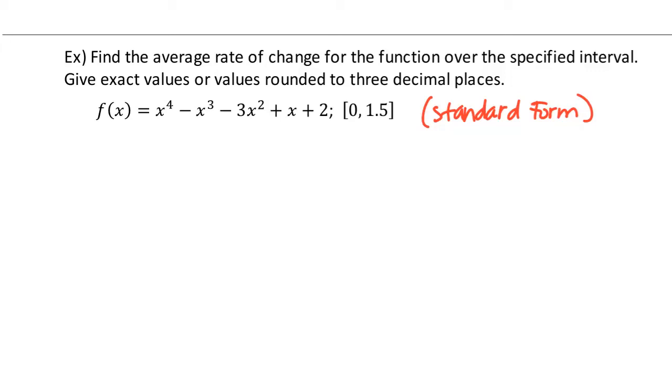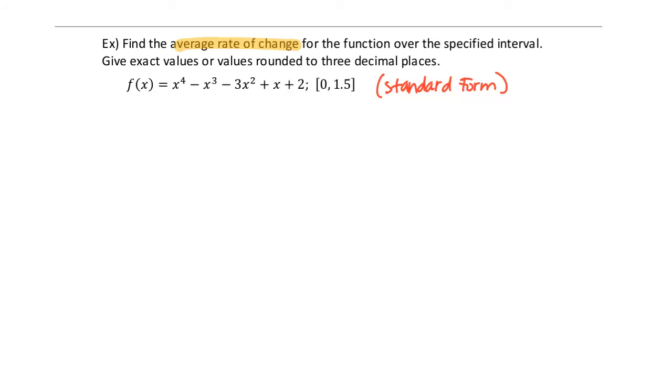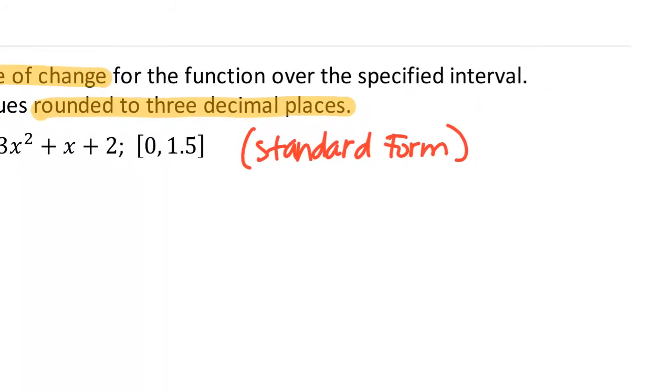All right, so the directions again, same directions. We are finding the average rate of change over the interval, and we need to give exact values or round to 3 decimal places. I will say because of that 1.5, we are going to have to round, but word of precaution, for your answer to be as accurate as possible, we need to round until the very end, okay?